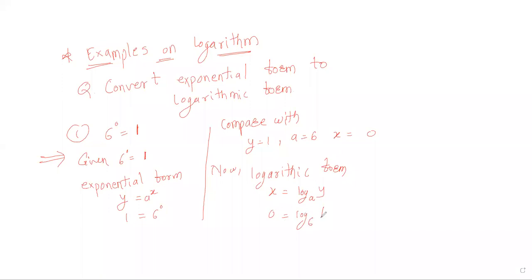So 0 is equal to log of 1 to the base 6. We can also say it this way: log of 1 to the base 6 is equal to 0.